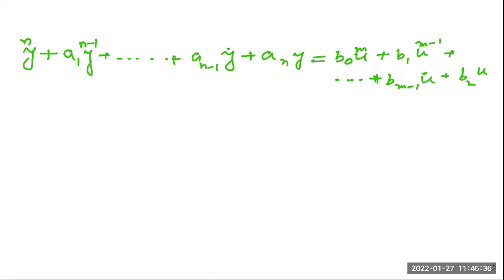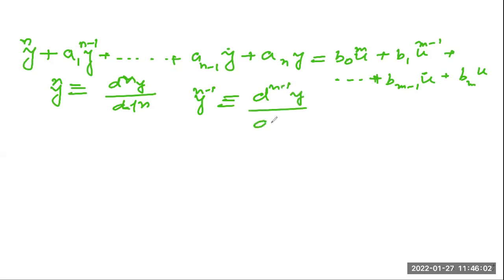Okay. So now you see how to convert this into a transfer function. Here y^(n) is actually d^n y by dt^n, the nth order. Similarly, y^(n-1) is d^(n-1) y by dt^(n-1). Similarly, y dot is dy by dt.